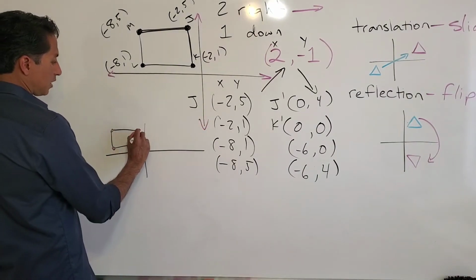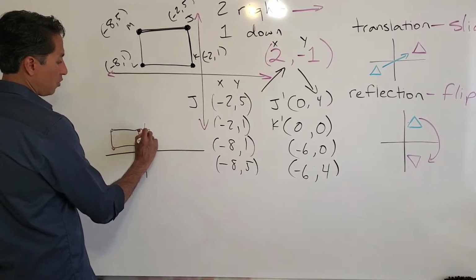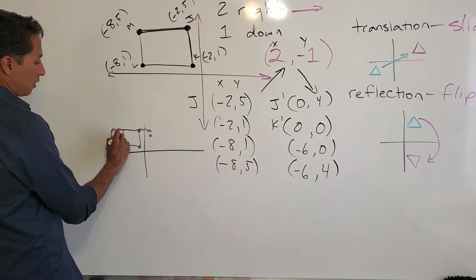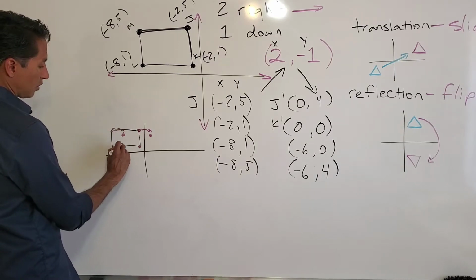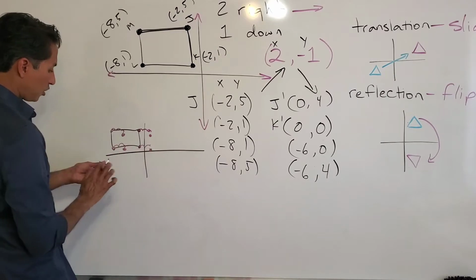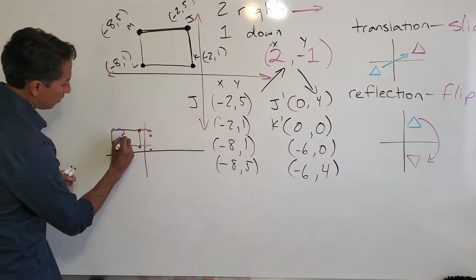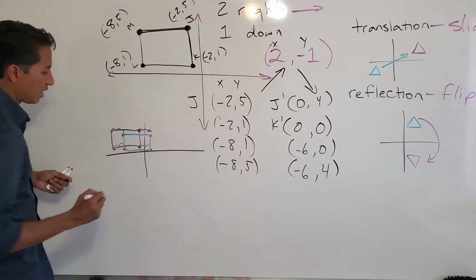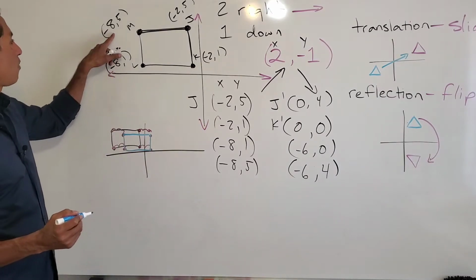So this box here would go over 1, 2, and 1 down and go here. This guy would go over 1, 2, and 1 down, and then 1, 2, and 1 down, 1, 2, and 1 down. So my new box would, I know this isn't really to scale, kind of end up right there because I took every point.